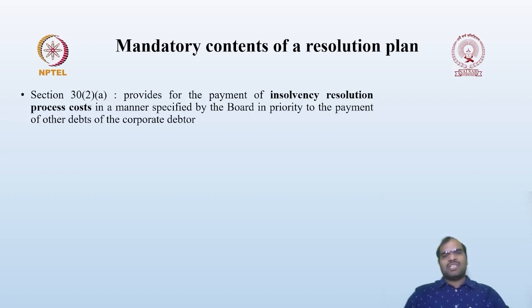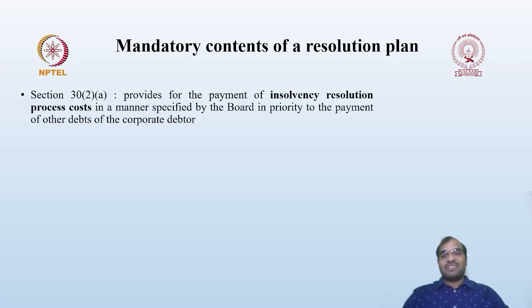If you observe section 30 subsection 2 clause A, it provides for the payment of insolvency resolution process costs in a manner specified by the board in priority to the payment of other debts of the corporate debtor. Whenever you are drafting the resolution plan, first of all, the resolution plan shall contain the details as to how you are going to make the payment towards the resolution process cost.